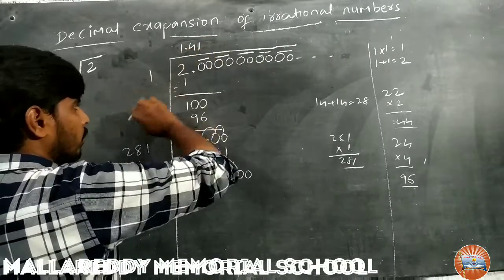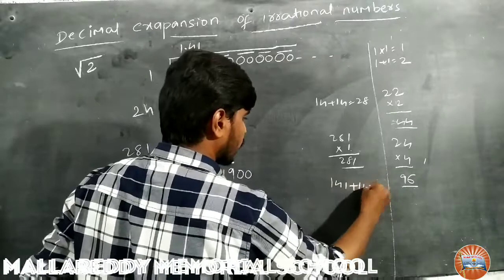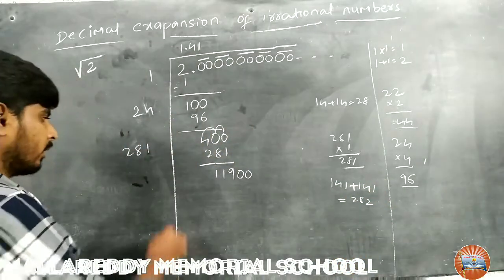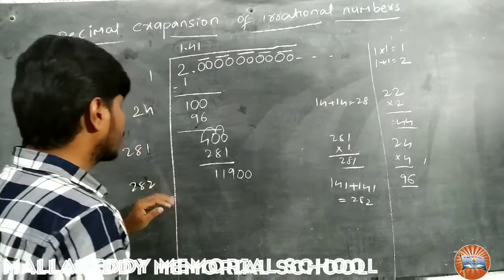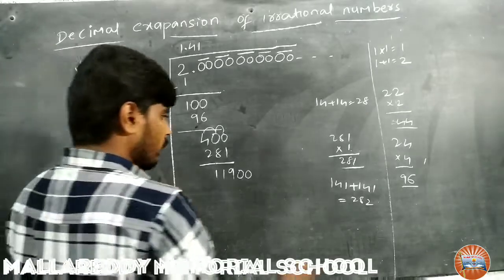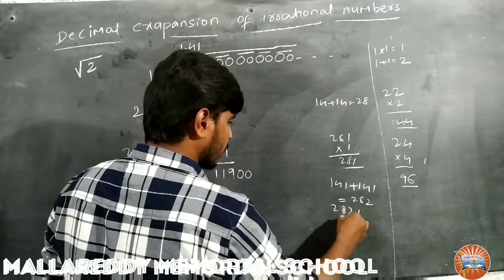Next, consider this 141. Forget about this point. So 141 plus 141 becomes 282. Write down 282. Suppose I take 1 here, we have to multiply 2821 into 1.